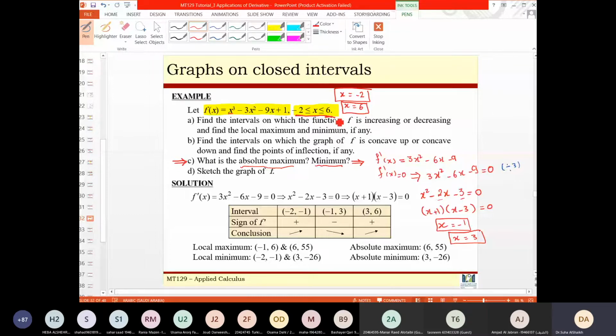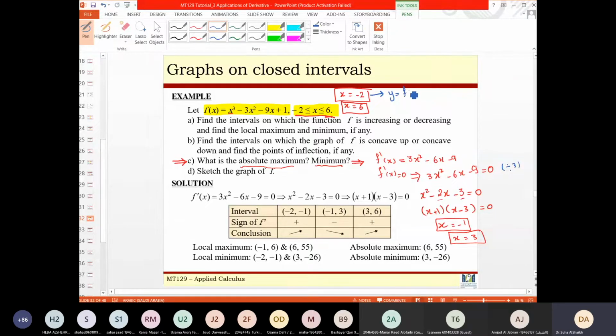The minus 2 point with 6 is another point. Okay? So we have 2 critical points and 2 ends of the domain, the domain that goes from minus 2 to 6. One of these four will be the maximum and one of these four will be the minimum. Of course, for each point you have to find the y that is associated with this point.